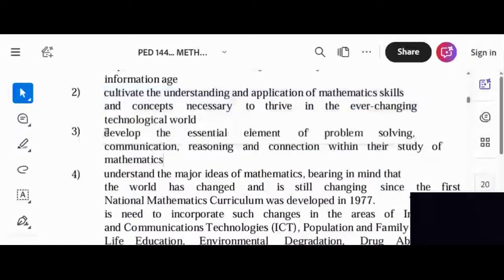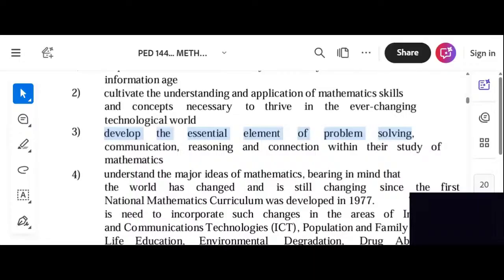Another thing you are trying to achieve as a teacher of mathematics is to develop the essential element of problem solving. This seems to be one of the hearts of mathematics. You become so good at problem solving and critical thinking that when faced with a challenge, you can come up with multiple options for resolving it.